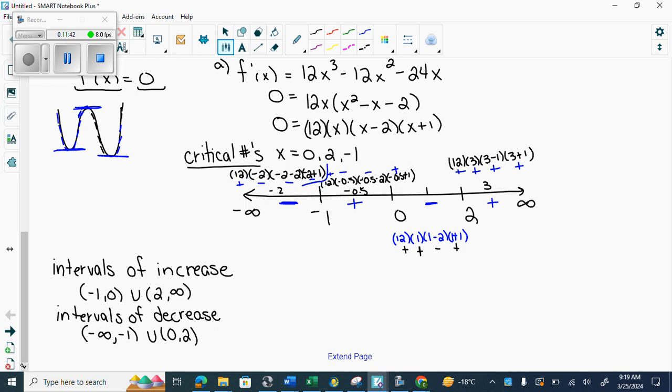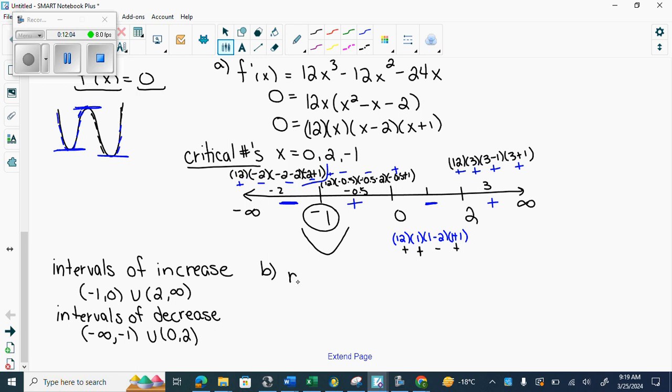B asks us for maxes or mins. So I know that on either side of this critical value, remember they talked about what it does on both sides of it? This one decreases, then increases. So what is it at -1?